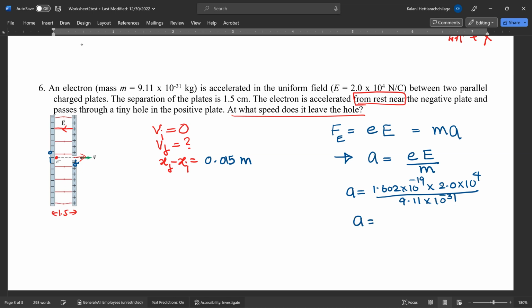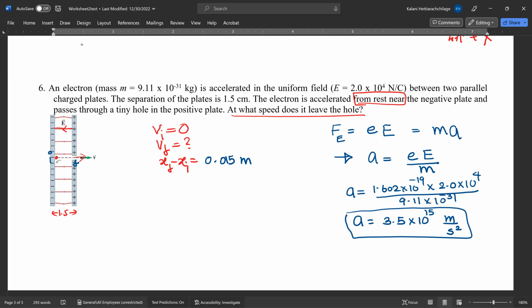By plugging in those numbers, the acceleration is 3.5 times 10 to the 15. You see, it's a very big number. Meters per second squared.